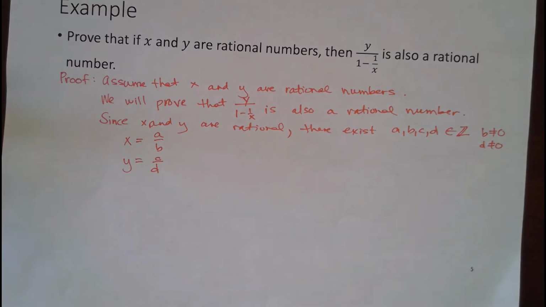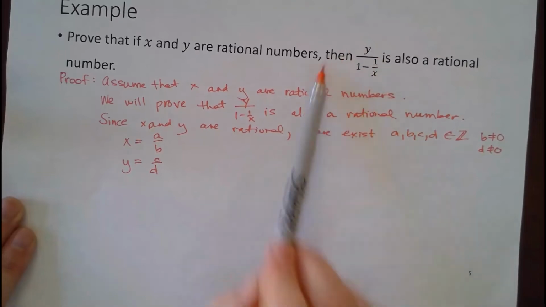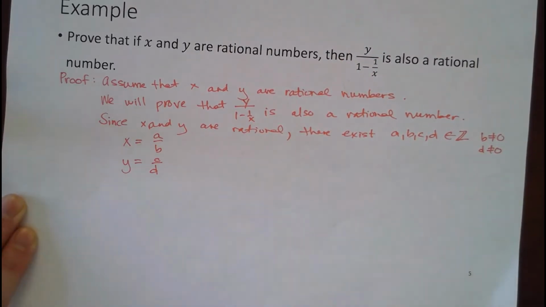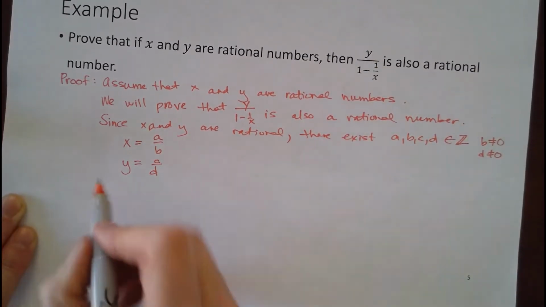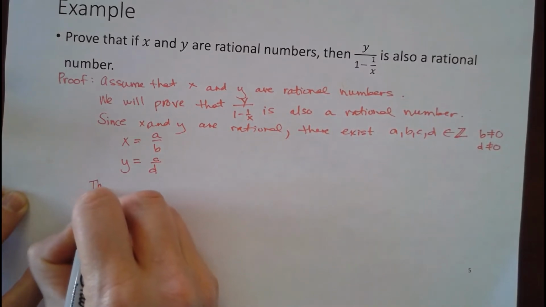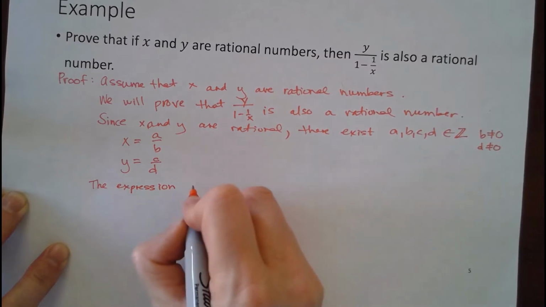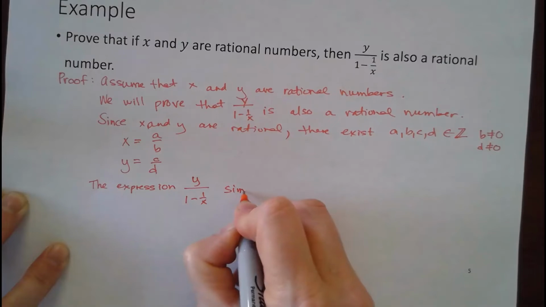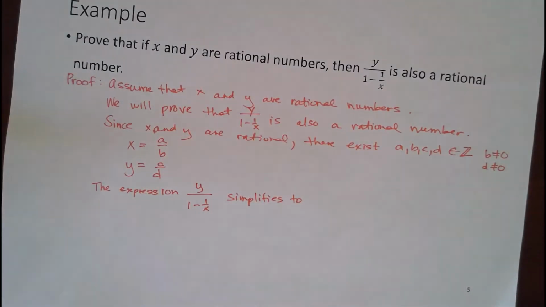So we can start with that, and now probably it's a good idea to go and look at this thing that we're trying to prove something about. Okay. And we might want to simplify this one first. Okay, let's just say the expression y over 1 minus 1 over x simplifies to, okay, what would we do to simplify that?